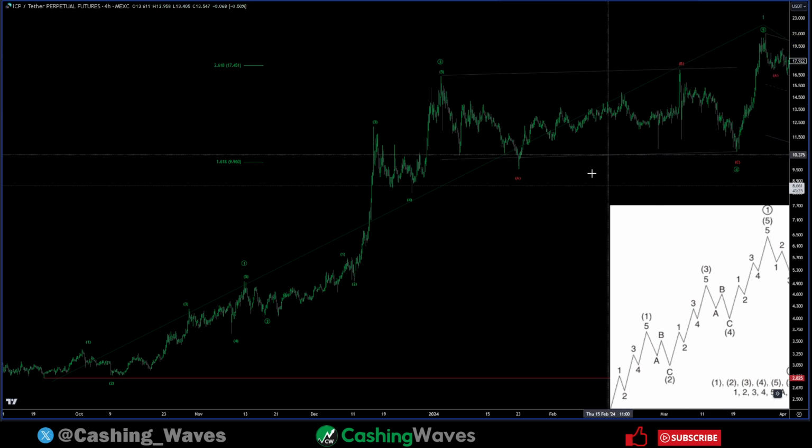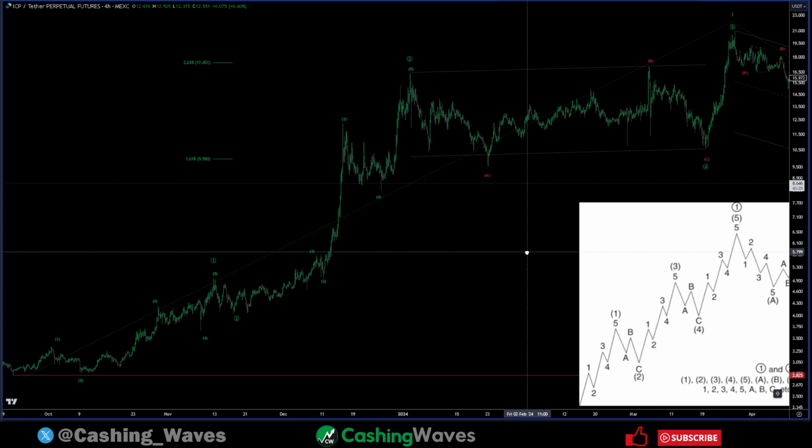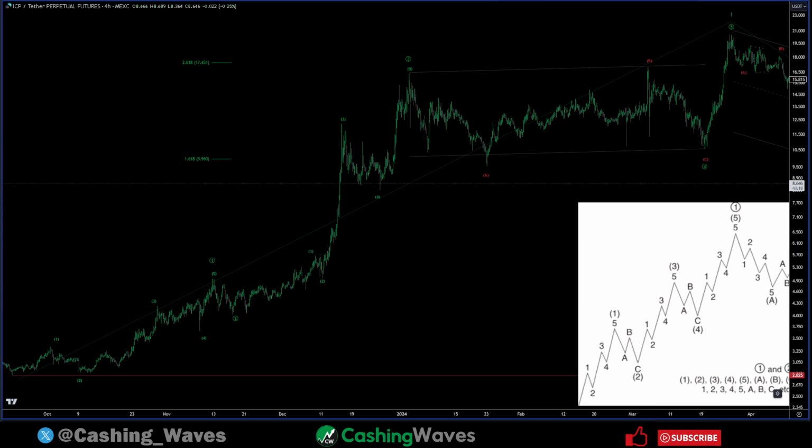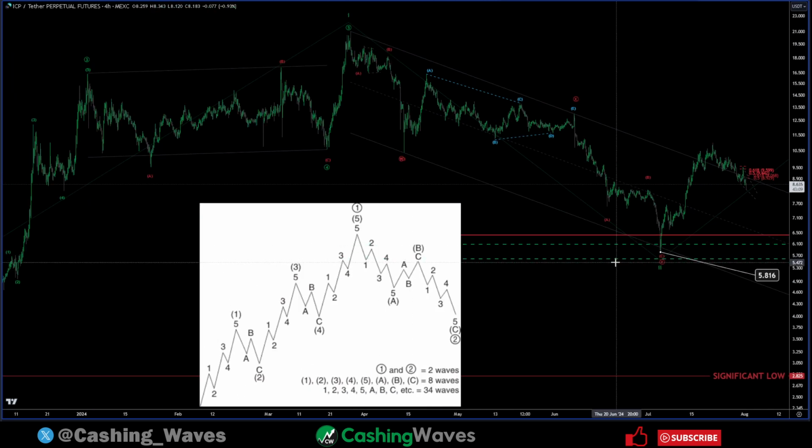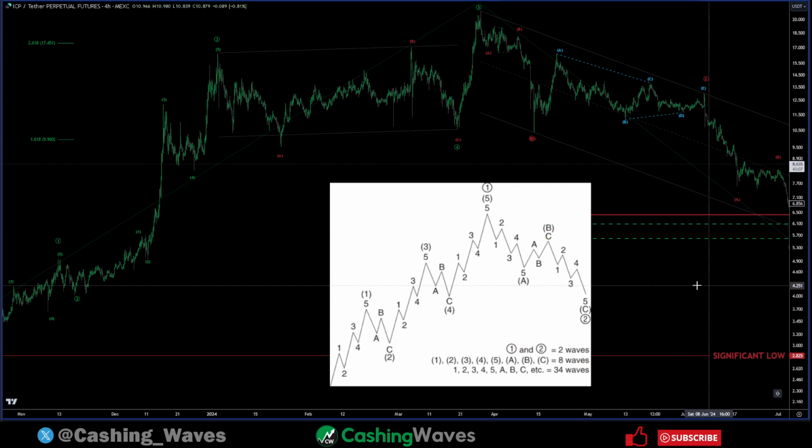So you can see how pretty much ideal this Elliott Wave impulse was. Now after this, we're looking for a larger version of this wave 2. Standard areas we look for in Elliott Wave is between the 382 and the 618 retracement of the entire 5-wave move.